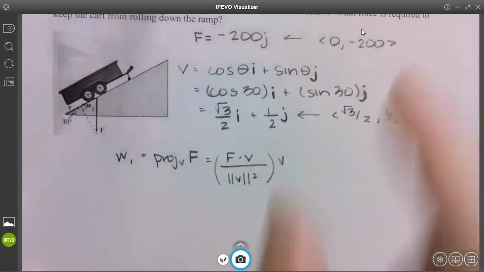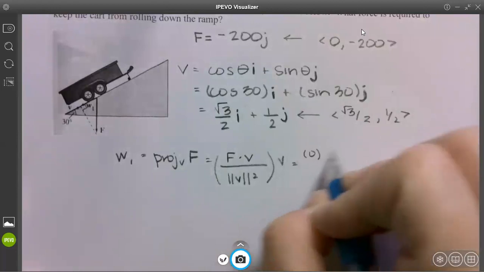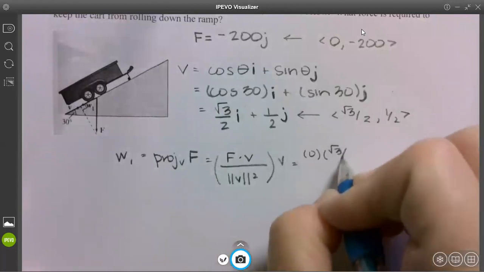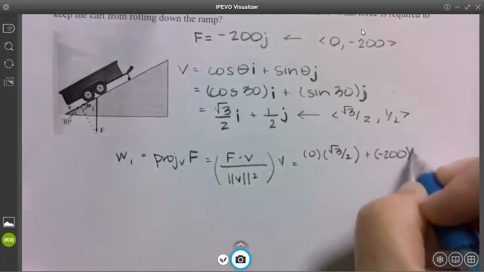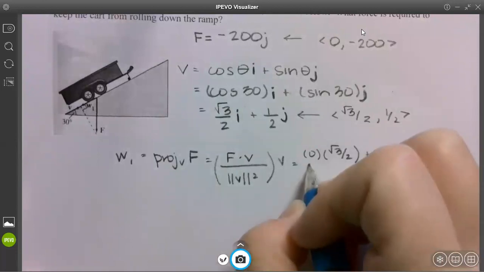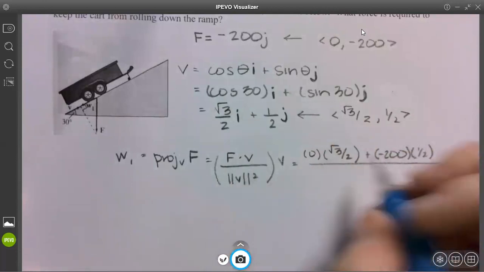So those are the ones that I'm multiplying together on the top of here. So 0 times square root of 3 over 2 plus negative 200 times 1/2. Your V is this one.